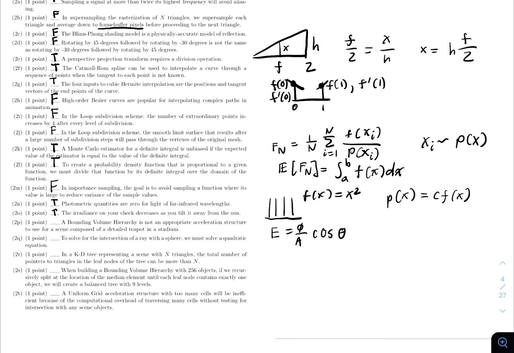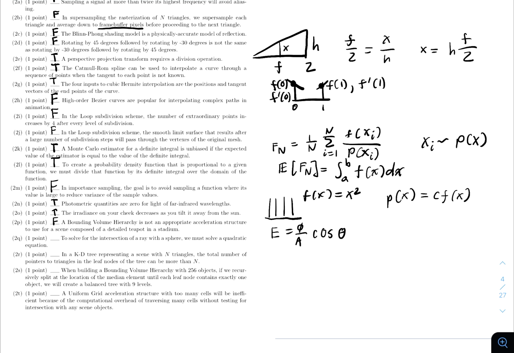Part P reads, a bounding volume hierarchy is not an appropriate acceleration structure to use for a scene composed of a detailed teapot in a stadium. This is false. The bounding volume hierarchy would be quite an appropriate acceleration structure to speed up rendering of this scene.